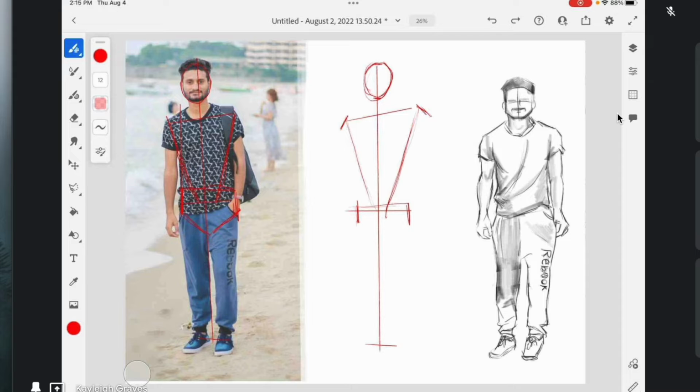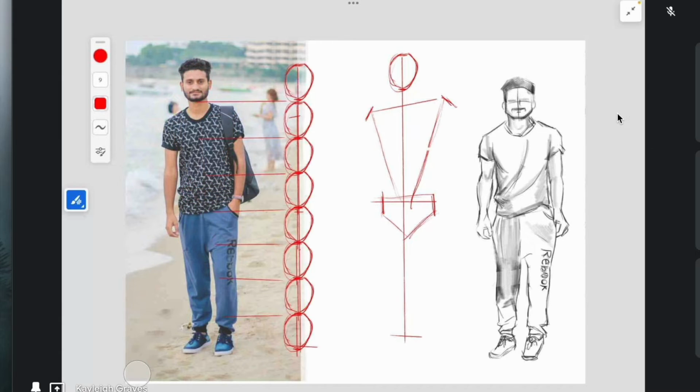All right. So again, we're just kind of mapping out what we see, just the basic shapes, and then we're going to go to specifics. While we're doing this, I'm going to keep referring back to this head size. We know that one head height will get us to that chin. The second head height will get us to the breast line.